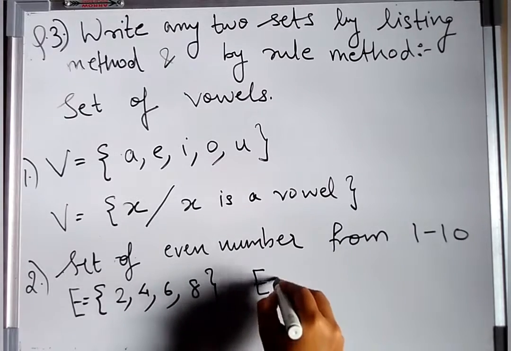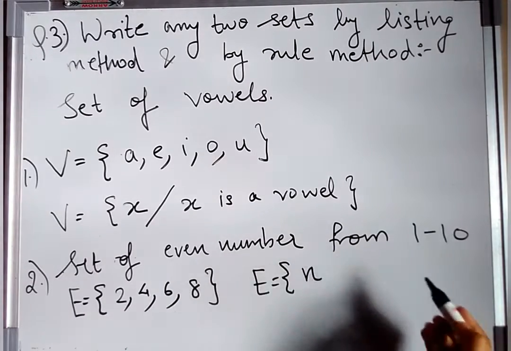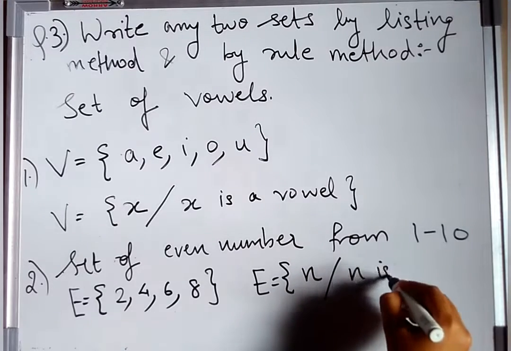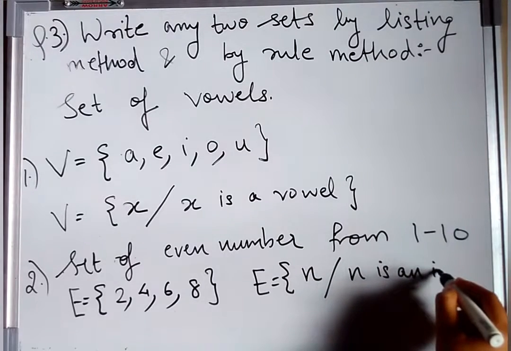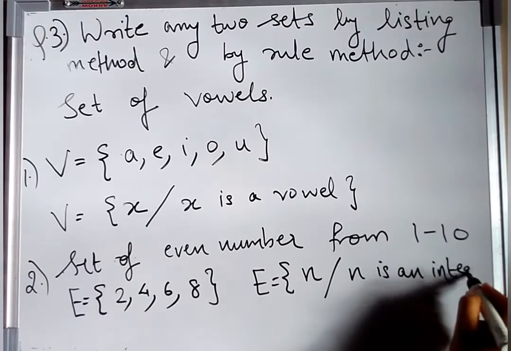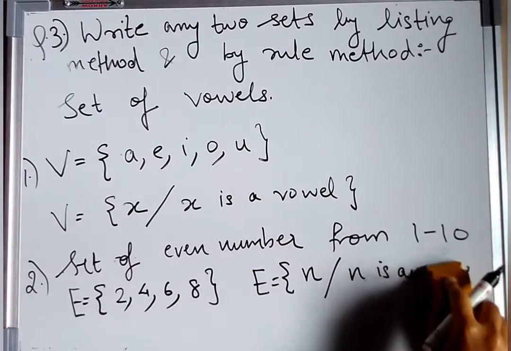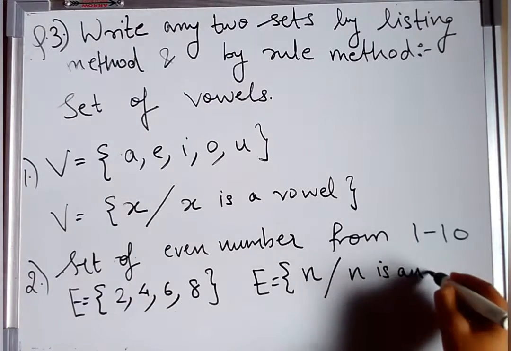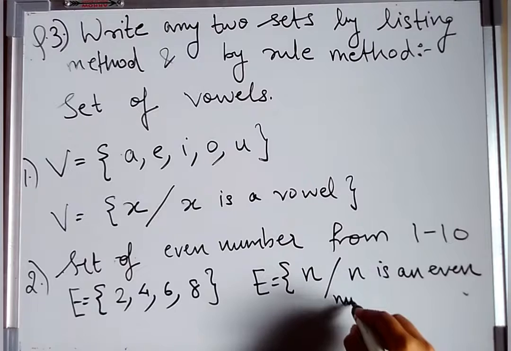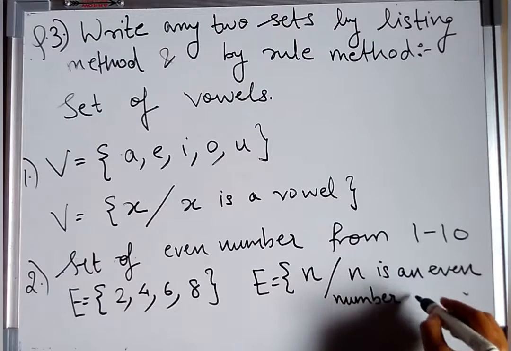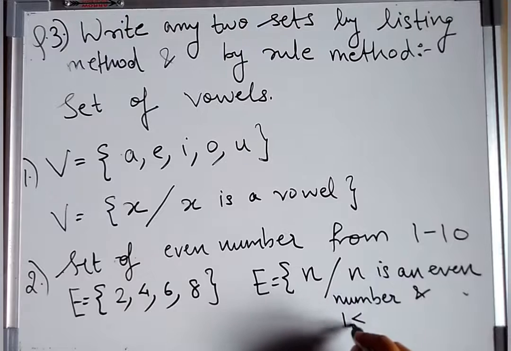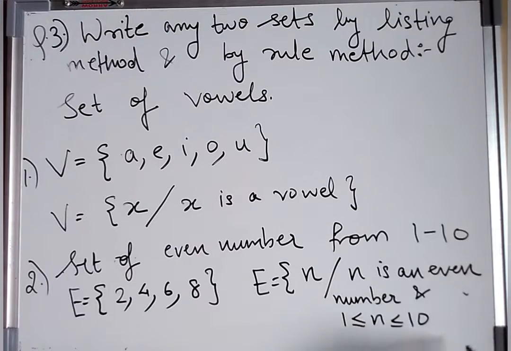And using rule method it is n such that n is an even number and 1 less than or equal to n less than or equal to 10. That is a restriction because we want n to be between 1 and 10.